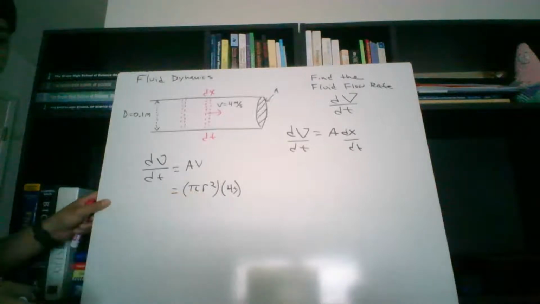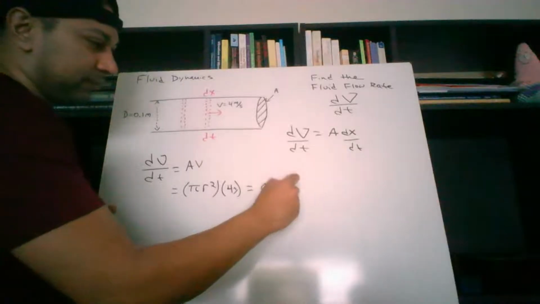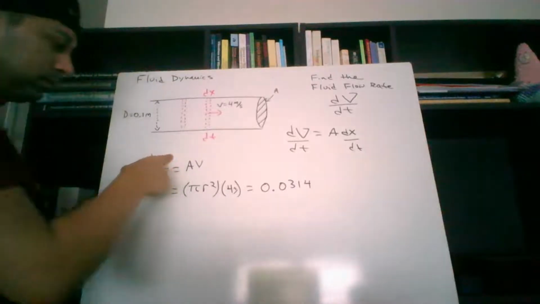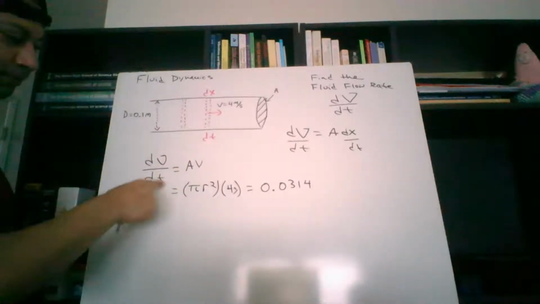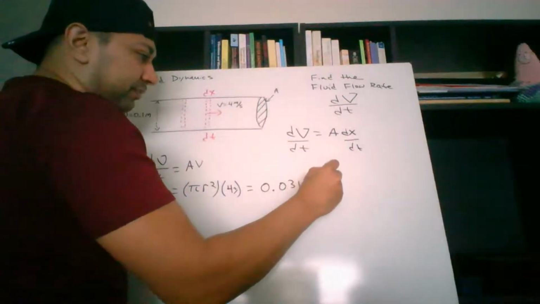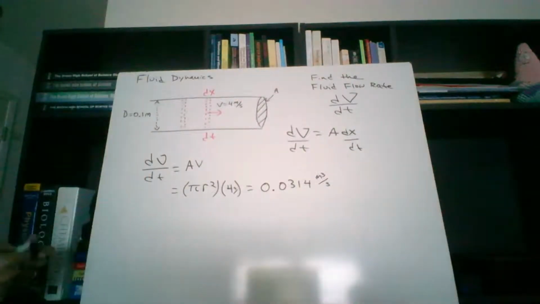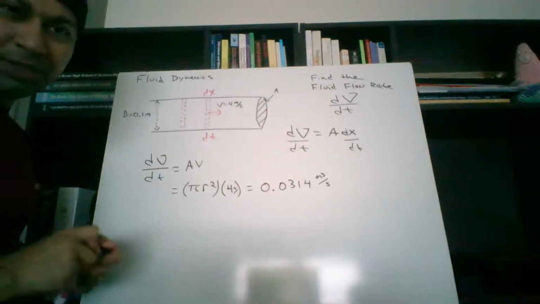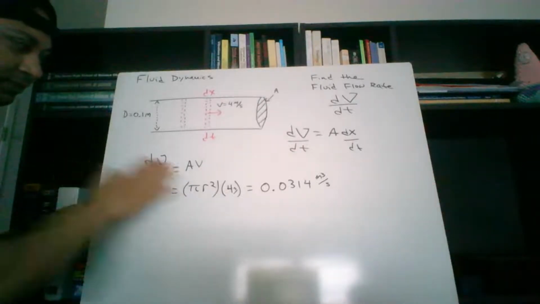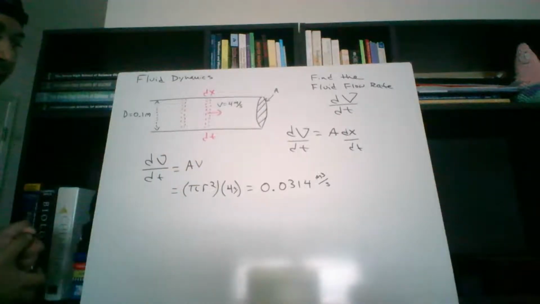You plug that in and you will get 0.0314 cubic meters per second, because that's volume and that's time. And so that's what the flow rate is going to be. This shouldn't be that bad. It's pretty easy to understand that the volume over the time is just equal to the area times the velocity.